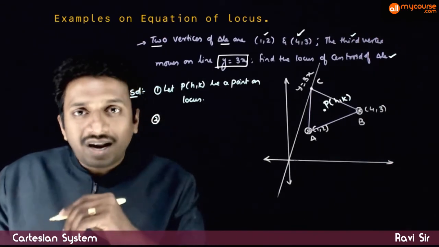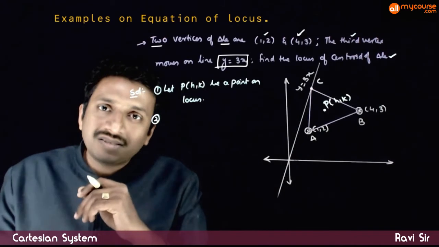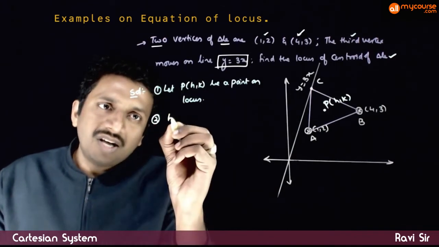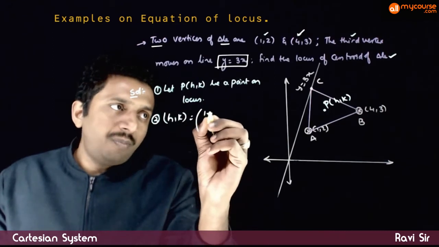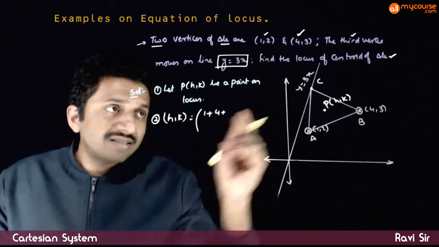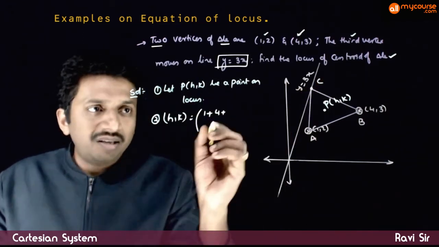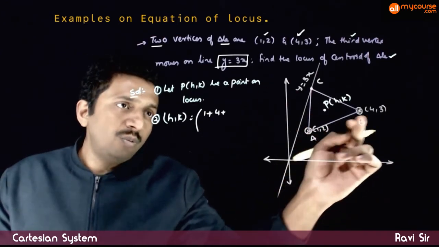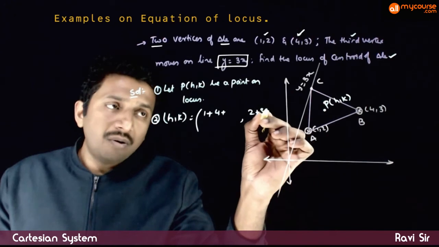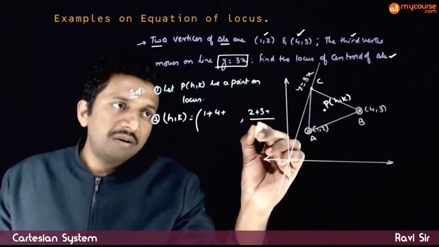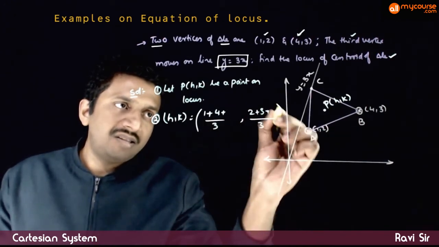So how do I write the equation corresponding to this centroid? By formula, h, k is (1 plus 4 plus x coordinate of C) by 3 and (2 plus 3 plus y coordinate of C) by 3.